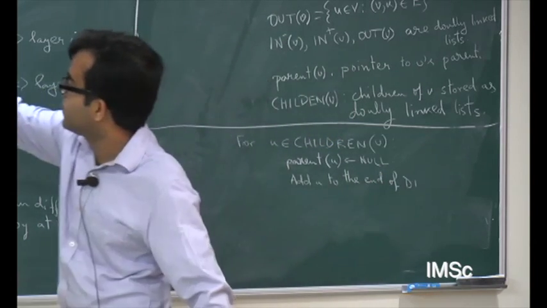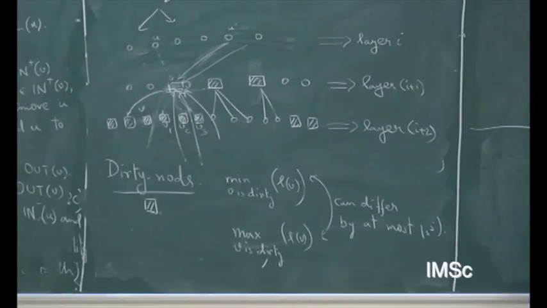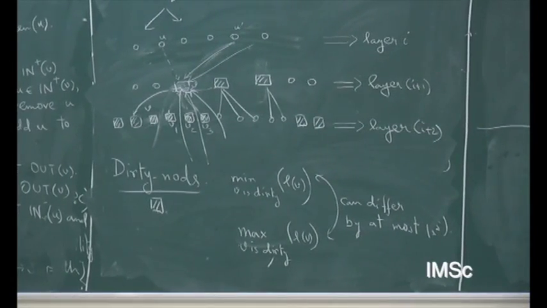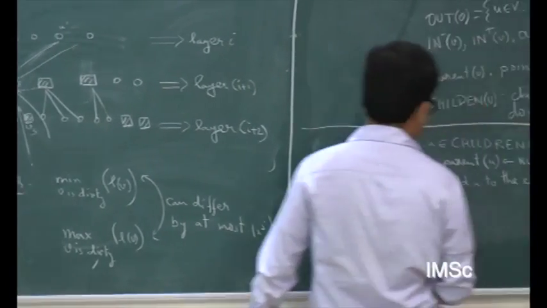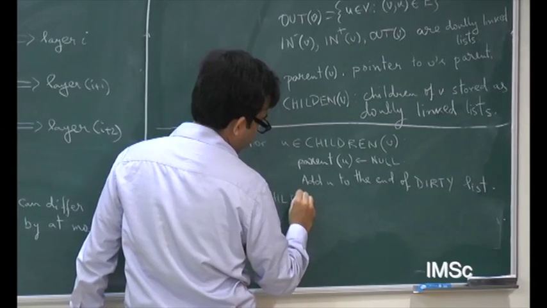So this is what happened here. v is dropping and these guys become dirty, added to the end of the dirty list, and finally just remove all these guys from the children of v's list.